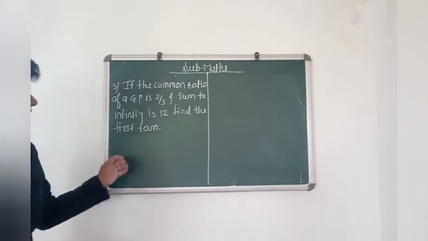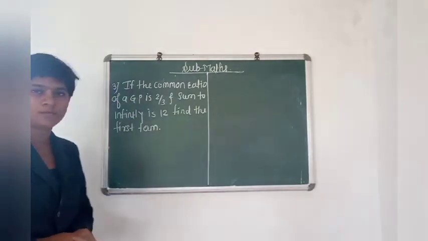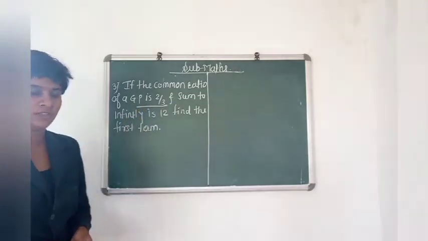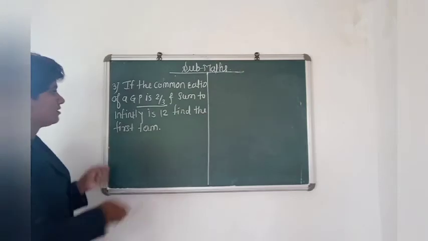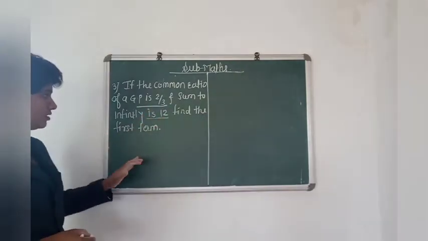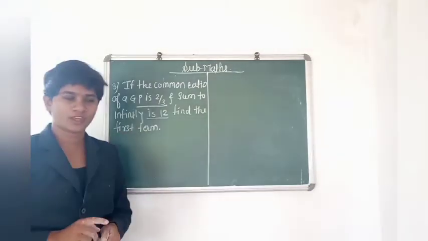Now the next example of exercise 2.3: if the common ratio of a geometric progression is 2 by 3, that is the given value of r, and the sum to infinity is 12, that is the sum of infinite terms of the geometric progression is 12, find the first term, that means find the value of a.